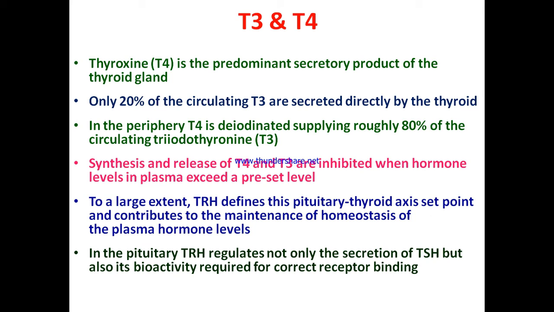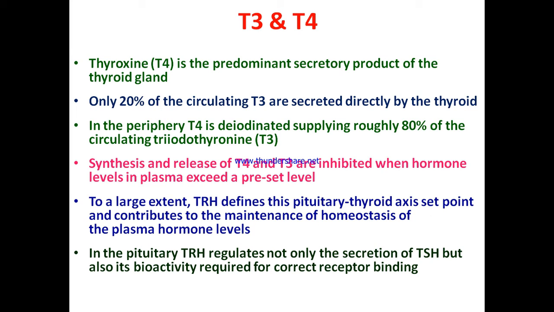So this hormone controls the production of thyroid stimulating hormone by the pituitary, and hence in turn it controls the pituitary thyroid axis. The TRH controls the pituitary thyroid axis and sets a point for the level of thyroid hormones in blood. This helps in the maintenance of homeostasis of this hormone level in the plasma.